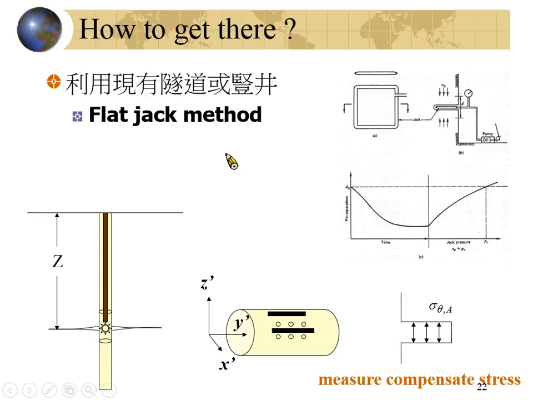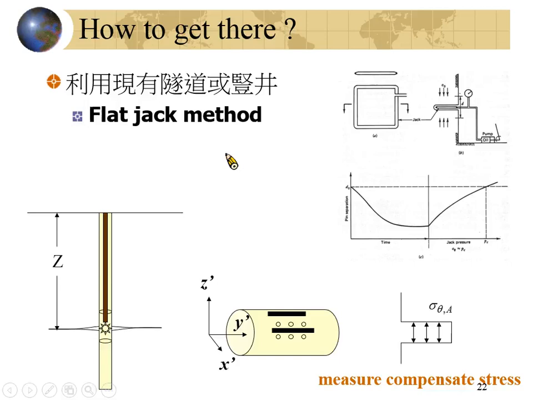We try to cut a slot in the tunnel wall, like this. This will be a slot. If you cut the cross section, it will be like this. You cut the slot into the tunnel wall. Before you cut the slot, you will make marks like this, and you will measure the distance between those marks.